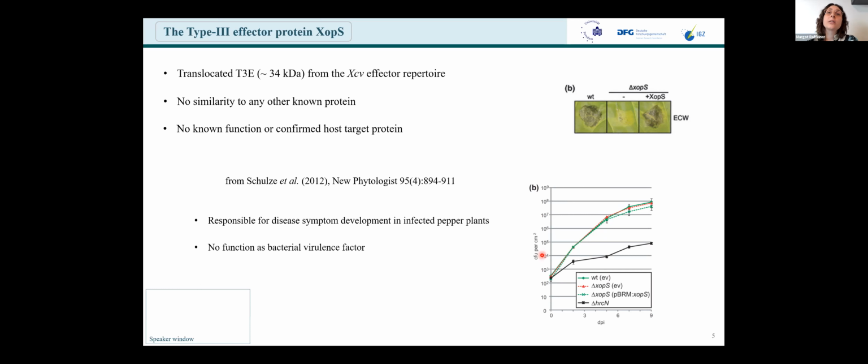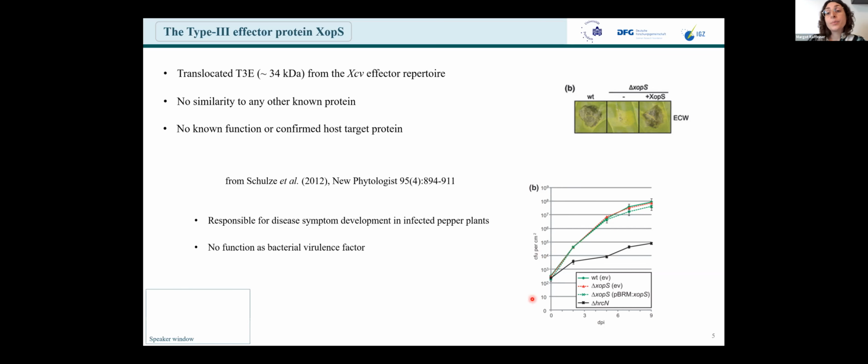And since there was such a striking phenotype on the pepper leaves that were infected with an XCV strain that translocates this effector, I really wanted to figure out which role this effector protein plays during a compatible interaction between XCV and its host plant.